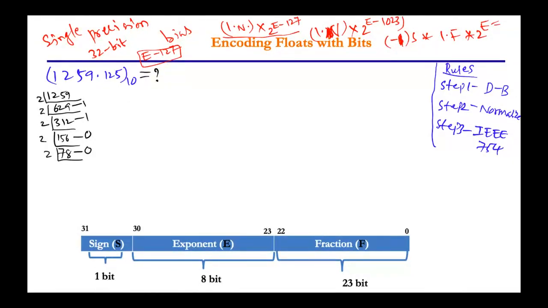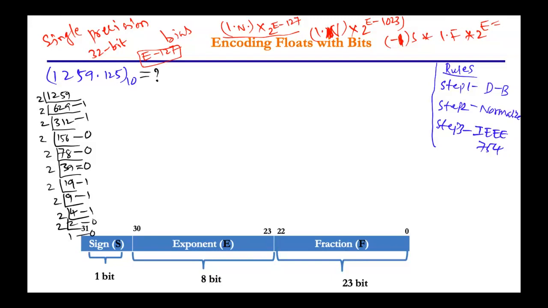Then 78, the remainder is 0. Then 39, the remainder is 0. Then divide by 2 to get 19, the remainder is 1. Then 2 9s are 18, remainder is 1. Then 2 4s are 8, remainder is 1. And 2 2s are 4, remainder is 0. And 2 1s are 2, remainder is 0.